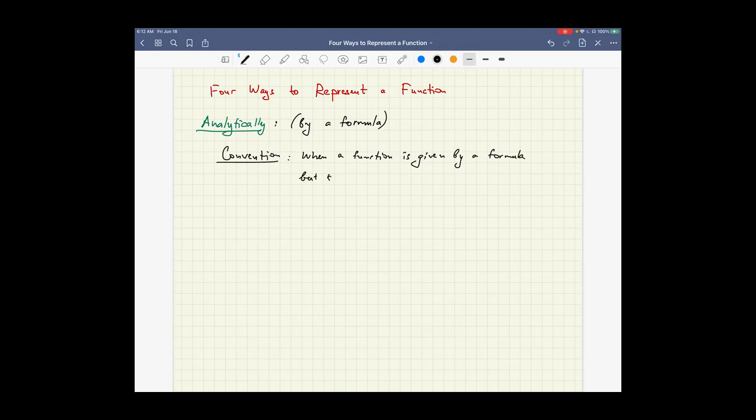We agree to understand that the domain is the set of all numbers for which the formula makes sense.